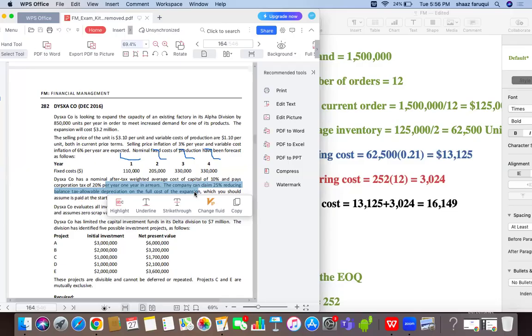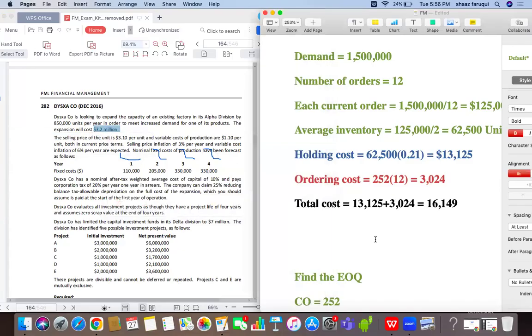So the depreciation is reducing balance, right? And the expansion is costing 3.2 million. So the investment is 3.2 million, and that will depreciate by 25%, reducing balance.